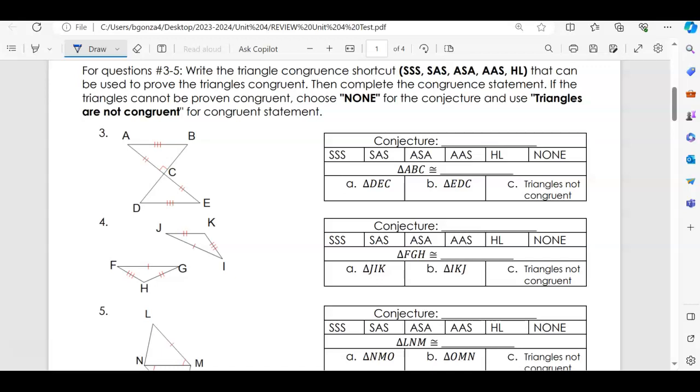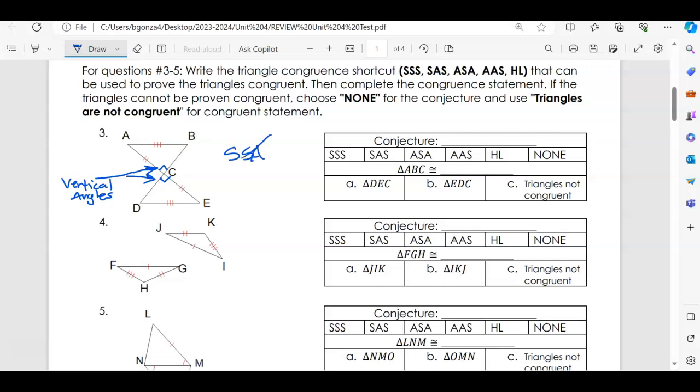All right, so number three, now look, you see an X, okay, you got to label these vertical angles. Now looking at it, it looks like side, side, angle.